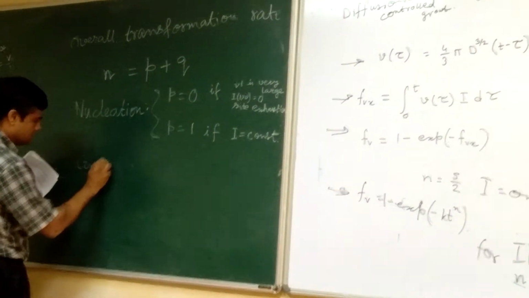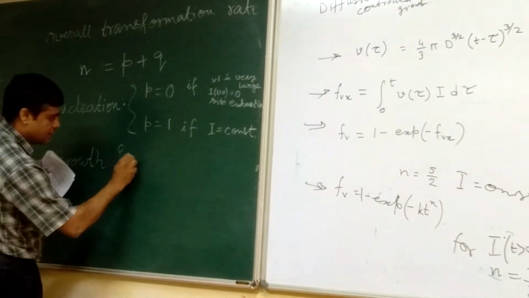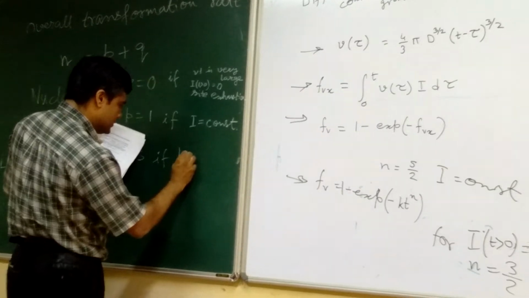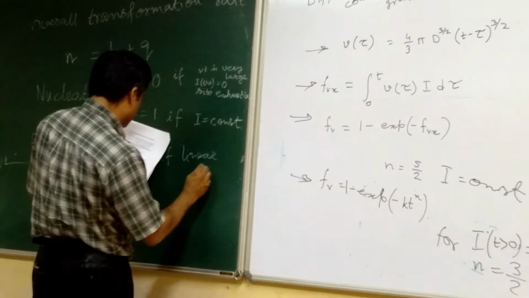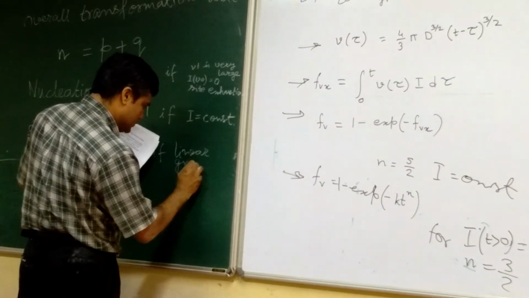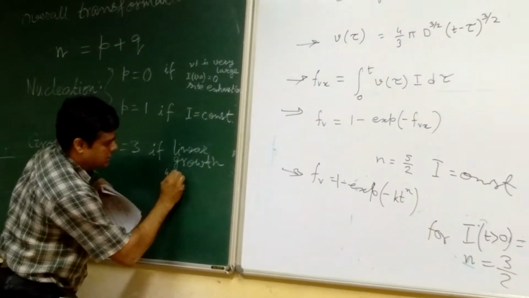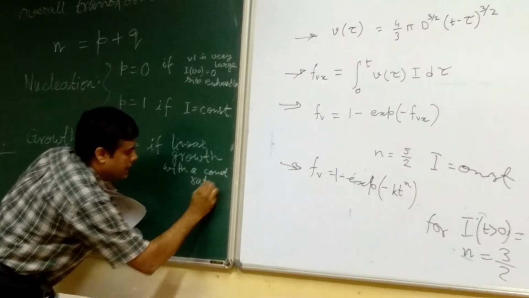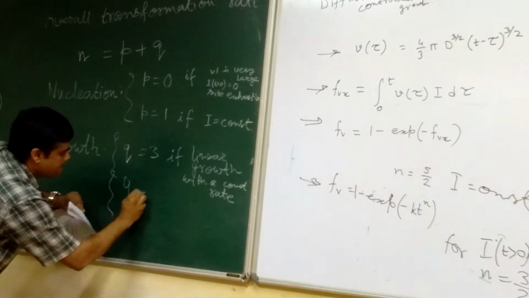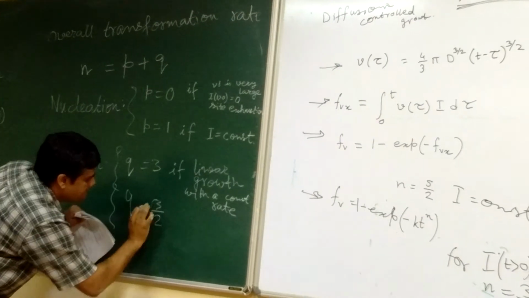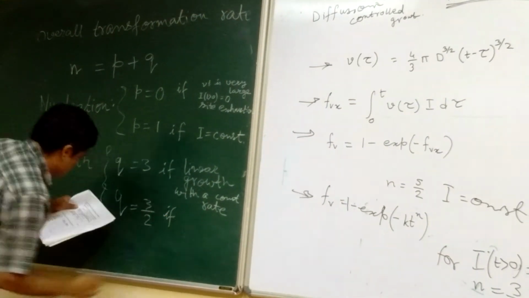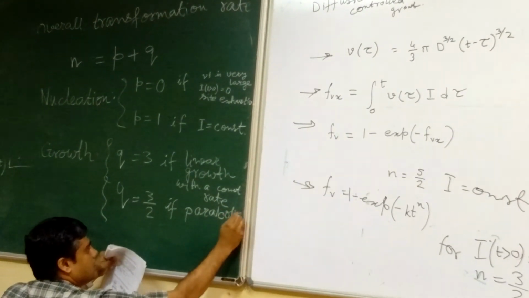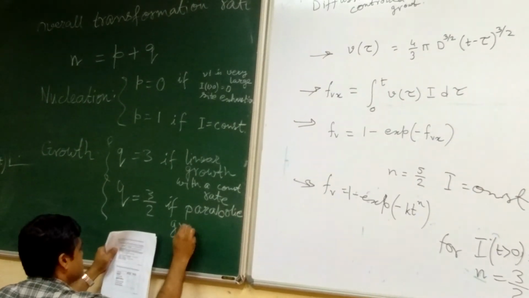And growth mode gives the value of q, which will be equal to 1 if it is linear growth, growth with a constant rate, and q will be equal to 1 by 2 if it is parabolic growth, that is, diffusion control.